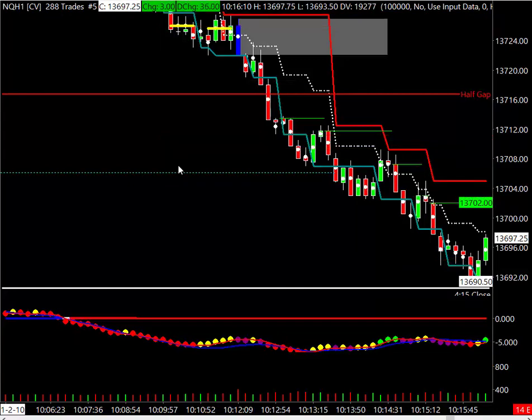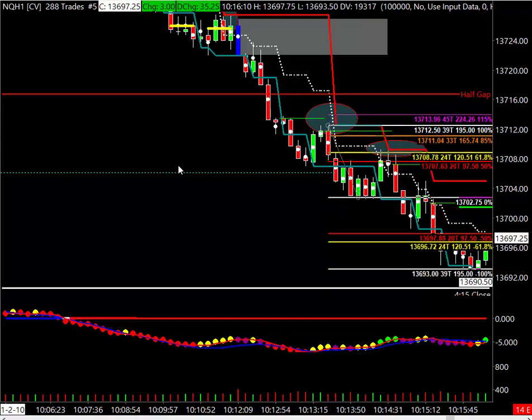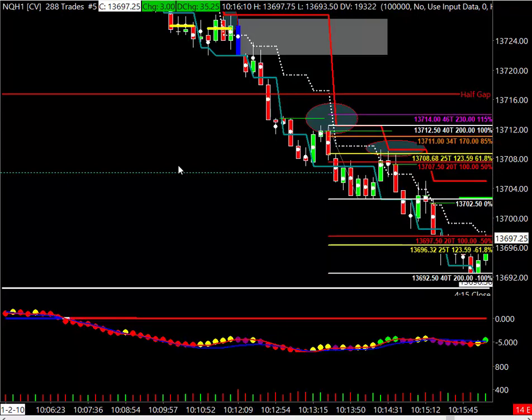Now, if you kind of go back, yes, there was the fractal support resistance. Here was the fractal resistance here. Could have got in more there. And also, what did we do? We lifted up just for the 61.8 on the trade right there.